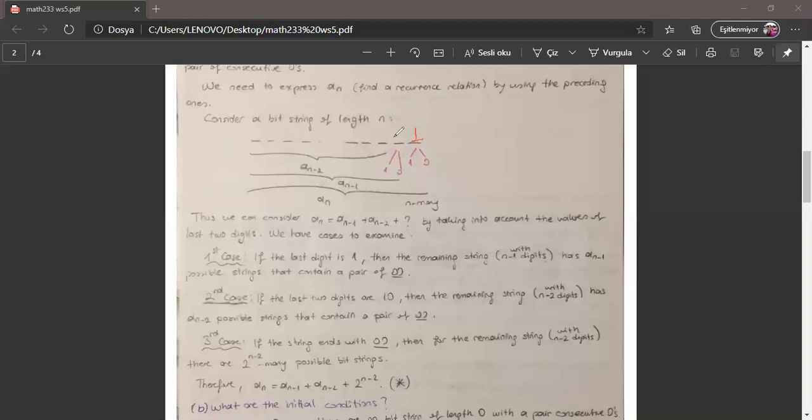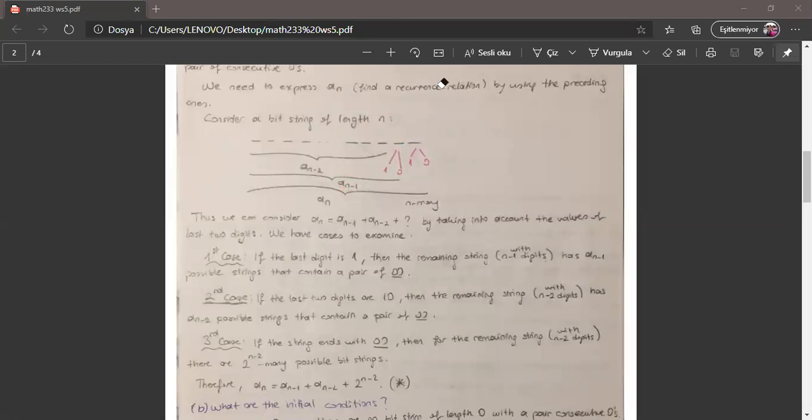So we can denote the rest as a sub n minus 1.